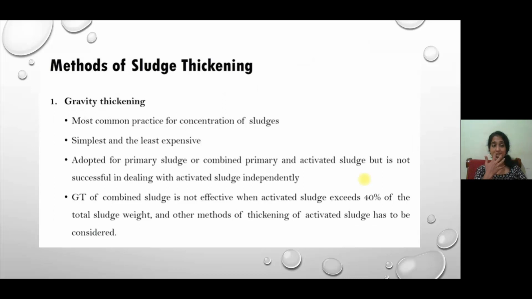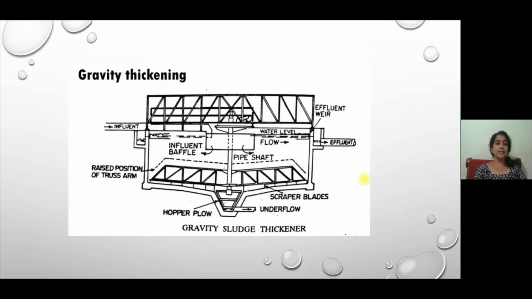First one is gravity thickening. This is the most commonly practiced method of sludge thickening, and it is the least expensive and simplest method. In this method, you can see that the sludge is fed into a container, just like a secondary sedimentation tank.